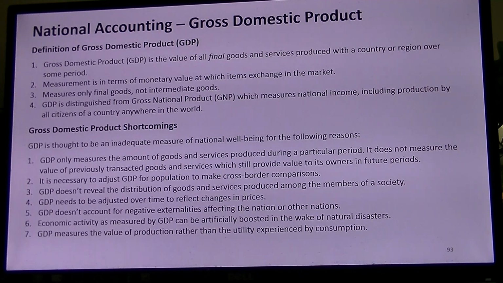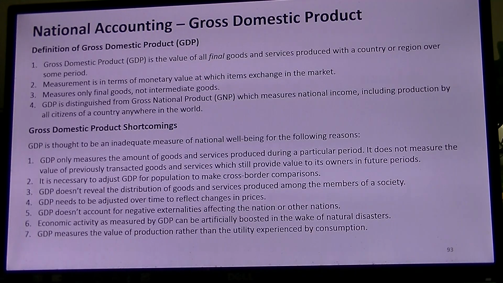This page talks about what's called national accounting. Gross domestic product is part of what's called national accounting. Basically, it's accounting. GDP is an accounting measure, and it's the value of all final goods and services produced within a country or region over some period.